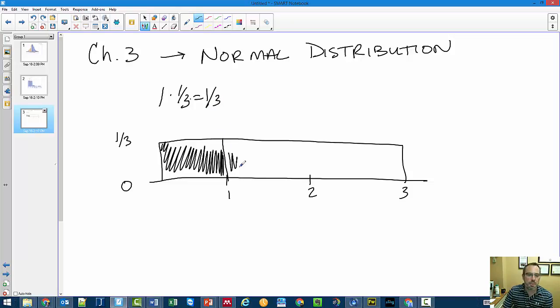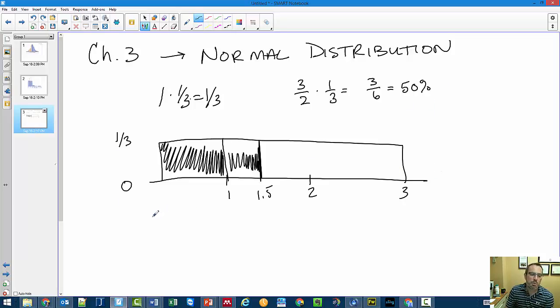If I kept this going on over to here, let's say this is 1.5, I could find the percentage of people that I have here by doing the area. I could say, well, 1.5 is really 3/2 times 1/3, which ends up being 3/6 of the data, which you probably would recognize immediately as, well, 1.5 is halfway through, so that's 50%.